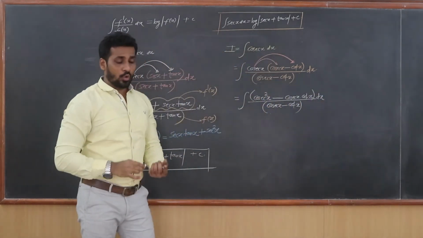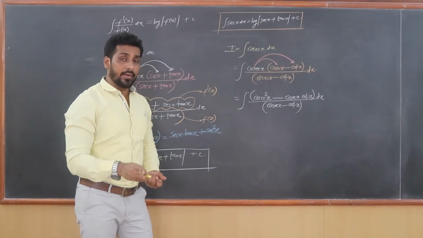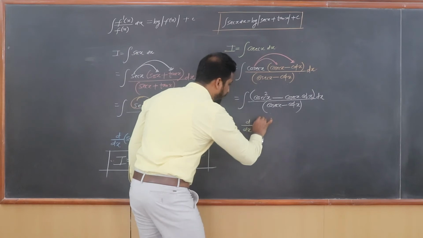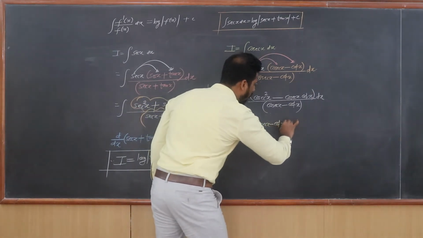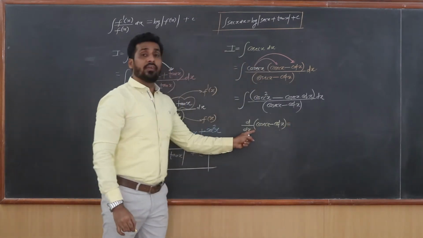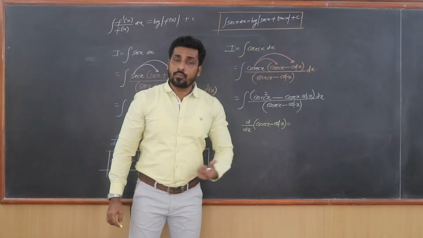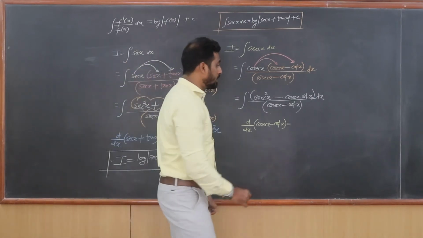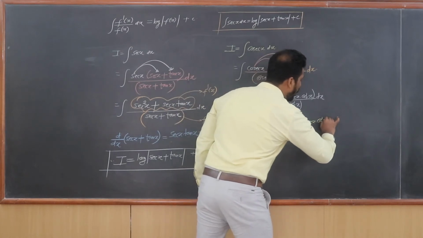Again, students, I'm going to get the derivative of the denominator. What's your denominator here? It is cosec x minus cot x. If I take the derivative, the first term is cosec x. You should remember the formulas of derivative. The derivative of cosec x is minus cosec x into cot x.